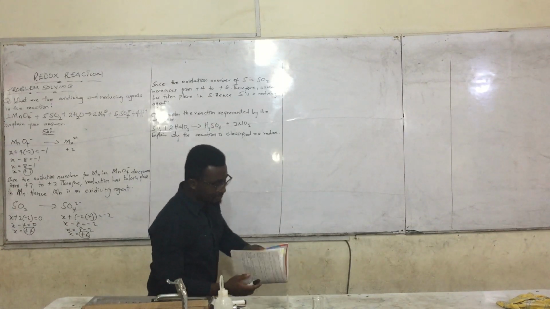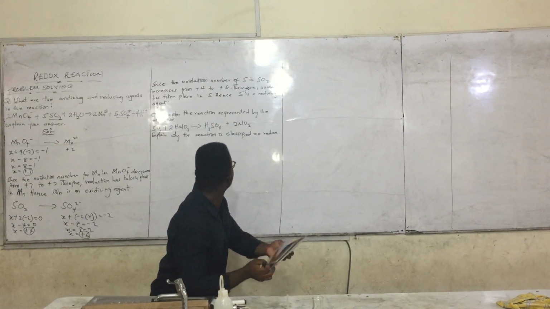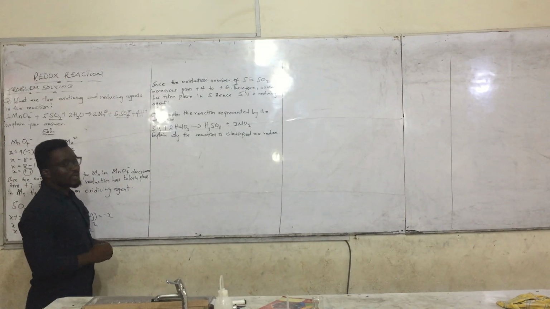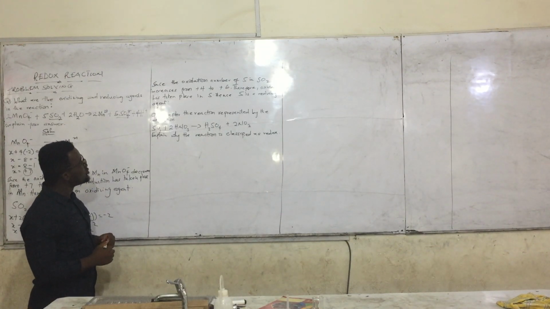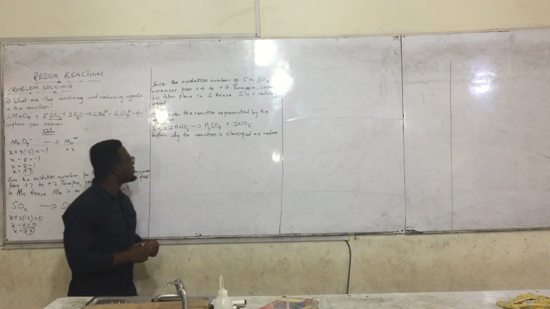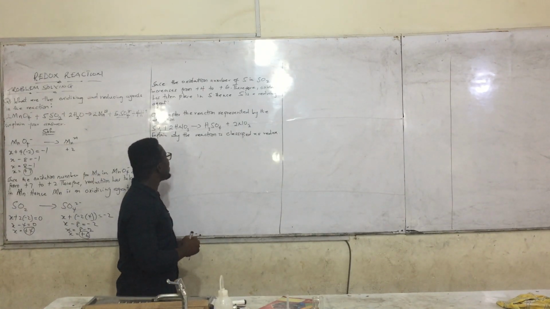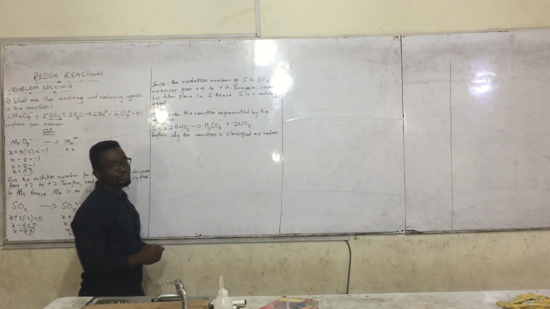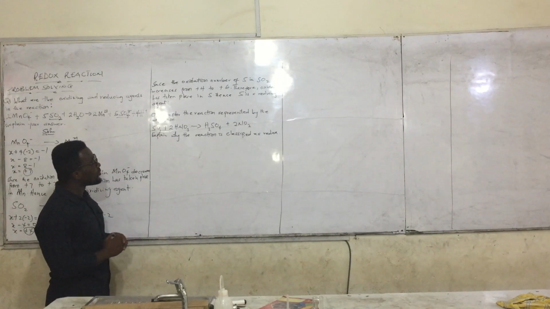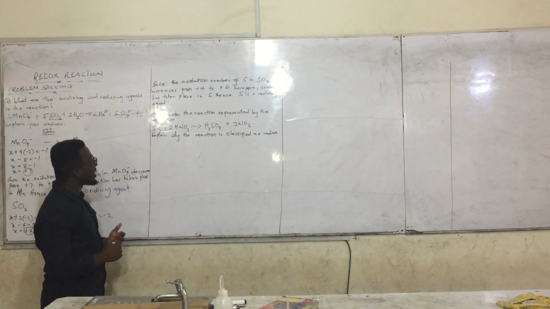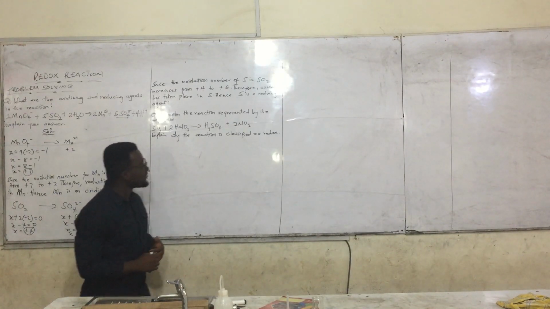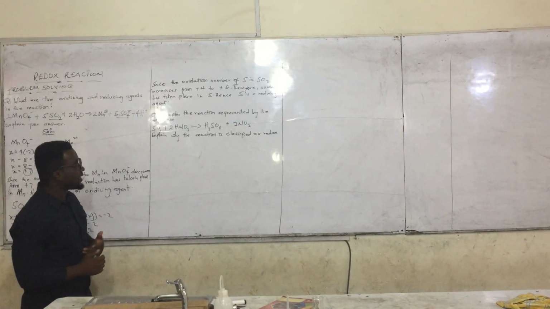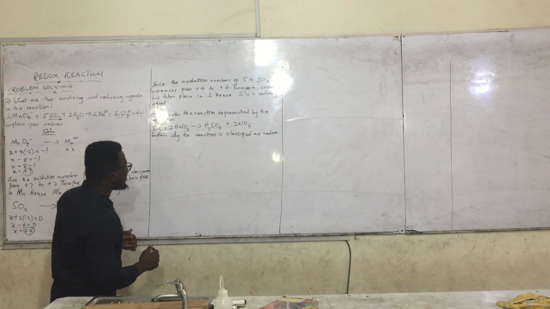Now that is our second problem. Consider the reaction represented by the equation SO2 plus 2HNO3 producing H2SO4 plus 2NO2. Now this is a very simple one, and the question is: explain why the reaction is classified as redox.